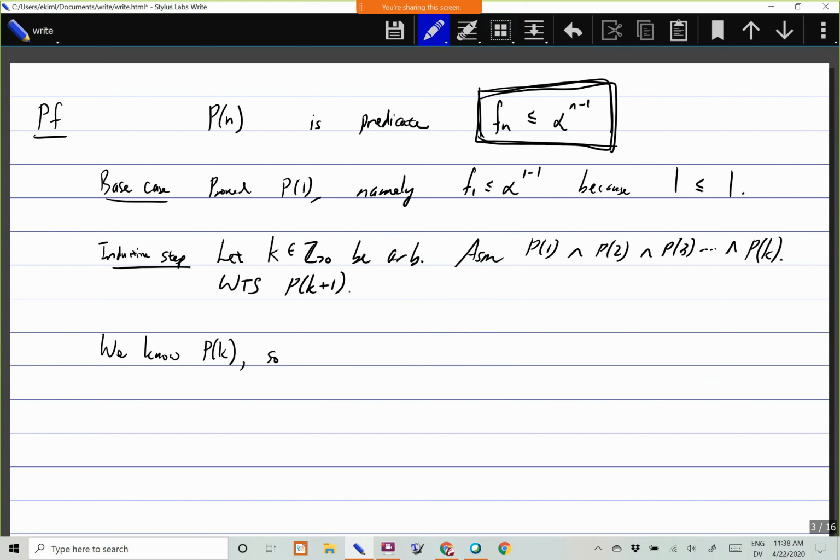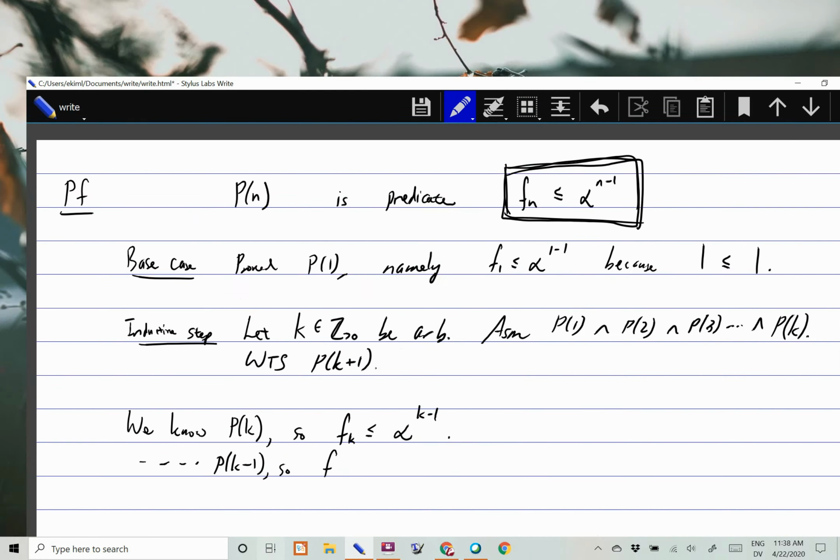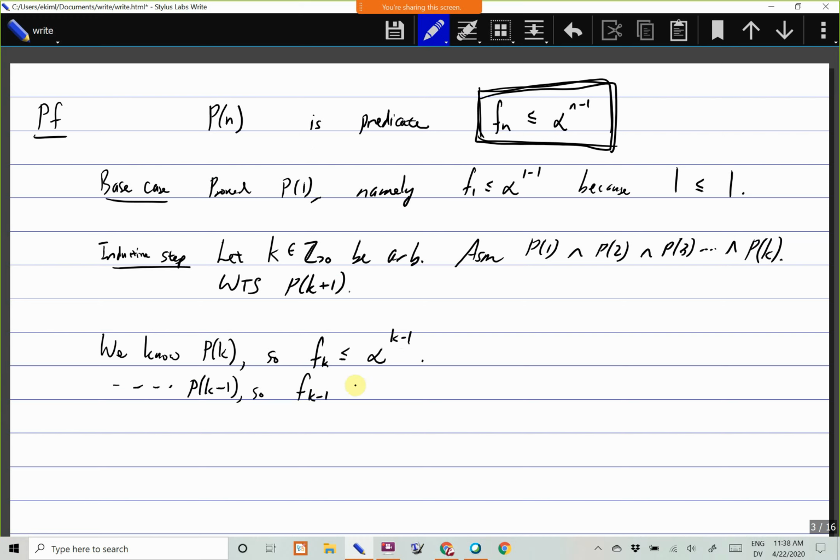P of k is f sub k less than or equal to alpha to the k minus 1. We also know P of k minus 1, so f sub k minus 1 less than or equal to alpha to the k minus 2. We also know P of k minus 2, so f sub k minus 2 less than or equal to alpha to the k minus 3, and so on. We've got a lot of facts.